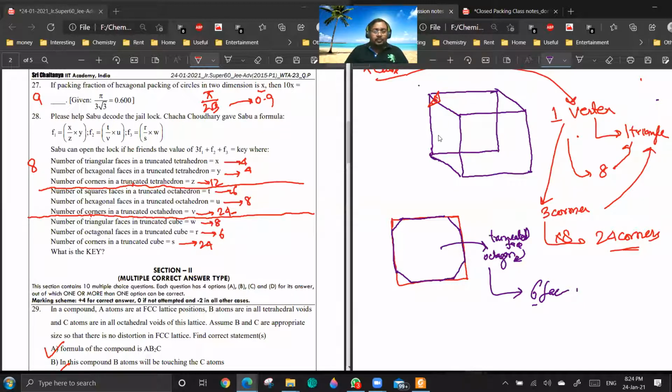So I don't know how many of you got the reference of Chacha Chaudhary and Sabu. Do you people know Chacha Chaudhary, Sabu? No. Okay, so these are actually comic characters of our era, like 15 years before you.